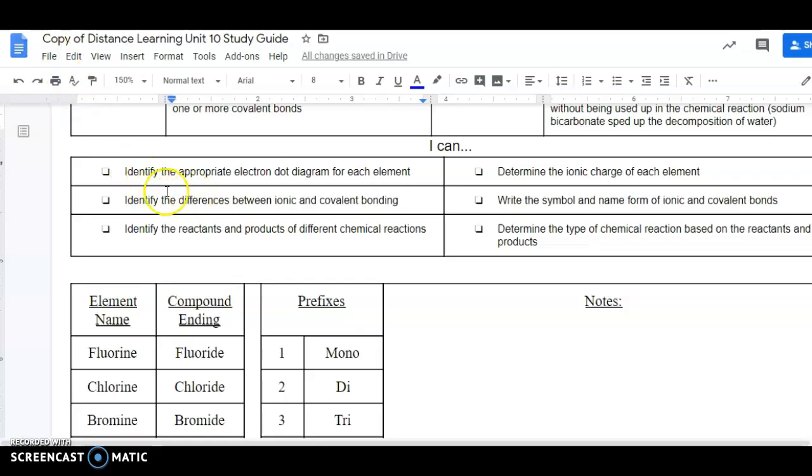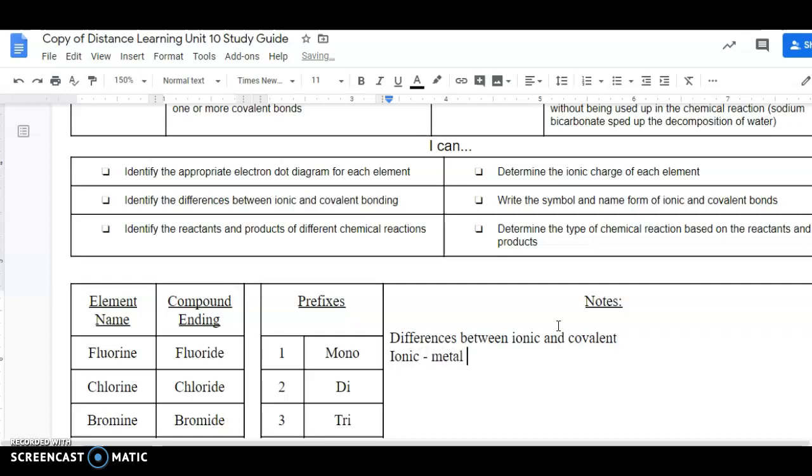Okay, so next on our list, we'll work our way down here, identify the differences between ionic and covalent bonding. So I'll put that down here in the notes. So differences between ionic and covalent.